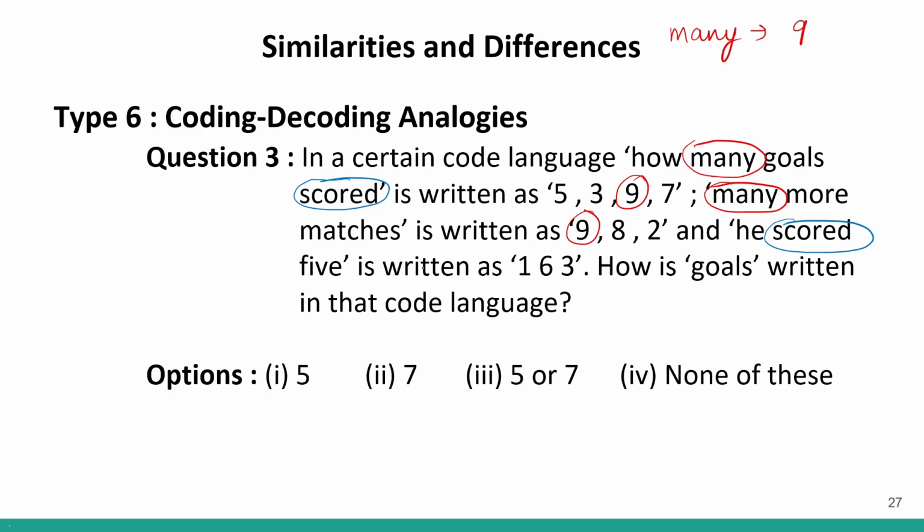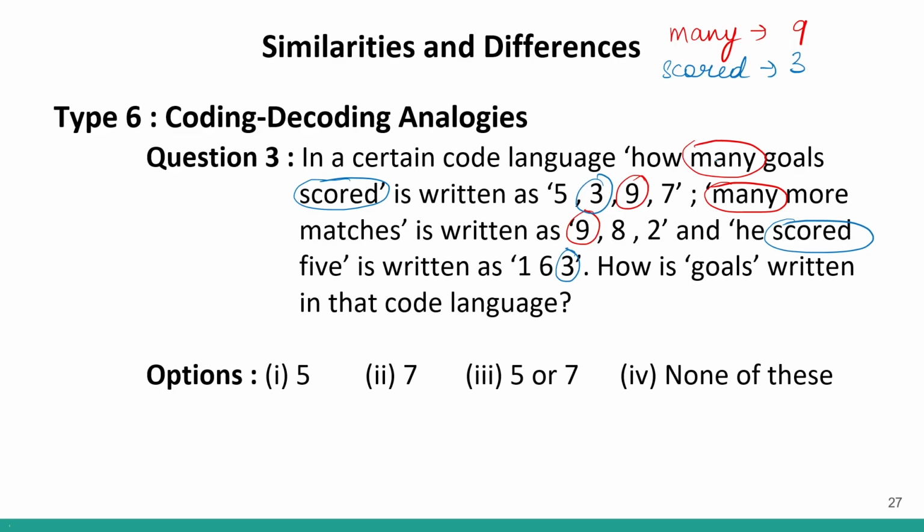The only common word in these two sentences is scored. For scored, over here we have 5397 and over here we have 163. So the only common number is 3. So scored is 3.